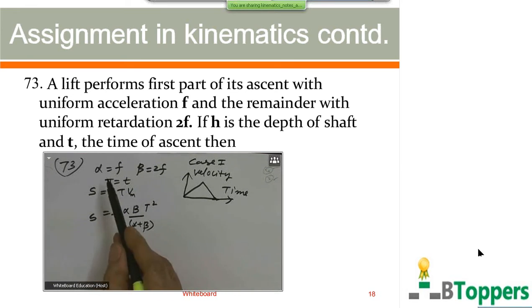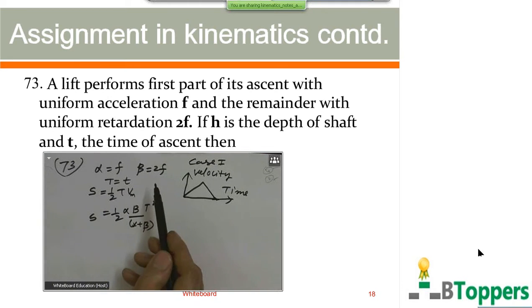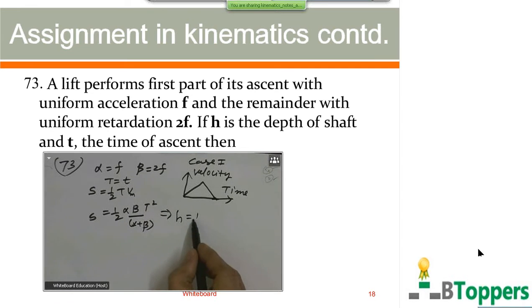Here you have to substitute alpha equal to F and beta equal to F on the right hand side, capital T equal to small t on the right side, and S equal to H on the left side. Try to simplify it yourself. You get the answer H equal to 1/3 of ft square.